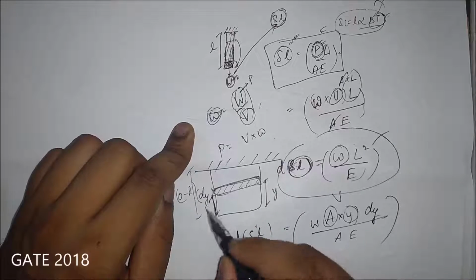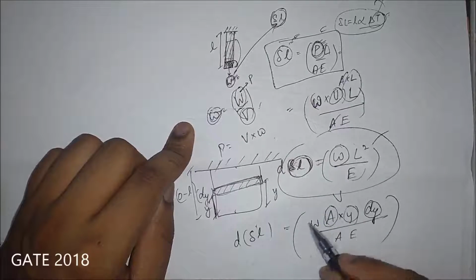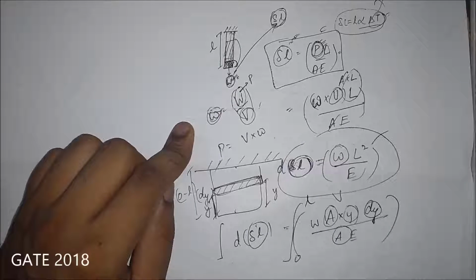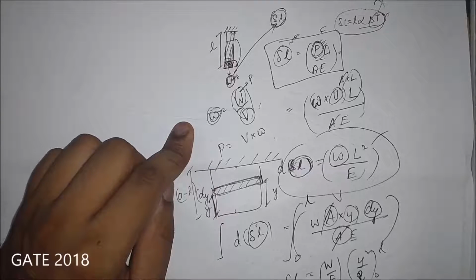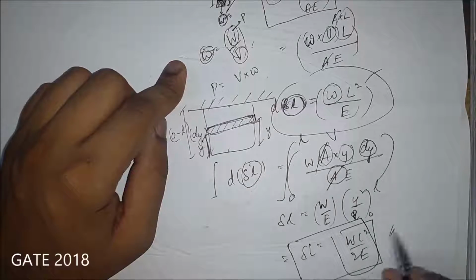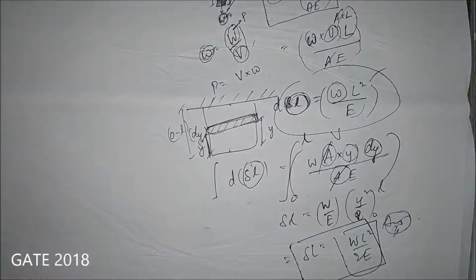Length is y, which keeps on varying from here to here. dy is the length of the small element which we will integrate to get delta L. AE is constant, A cancels, W by E, we have y squared by 2, from 0 to L, which will give you the change in length. So we will get the final answer as delta L equals W L squared by 2E. This is the answer.